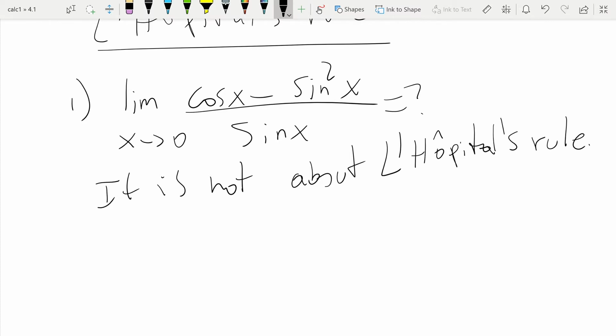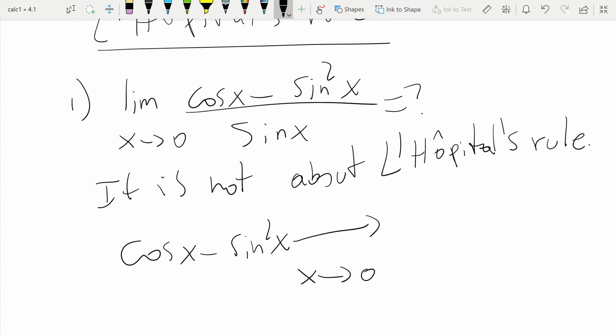It is not about L'Hopital's rule. What was one of the first things that I asked you to do was to check the hypothesis. So cosine of x minus sine squared of x approaches what as x approaches 0? Cosine of 0 is 1, and sine of 0 is 0. So it's 1 minus 0, which is 1.